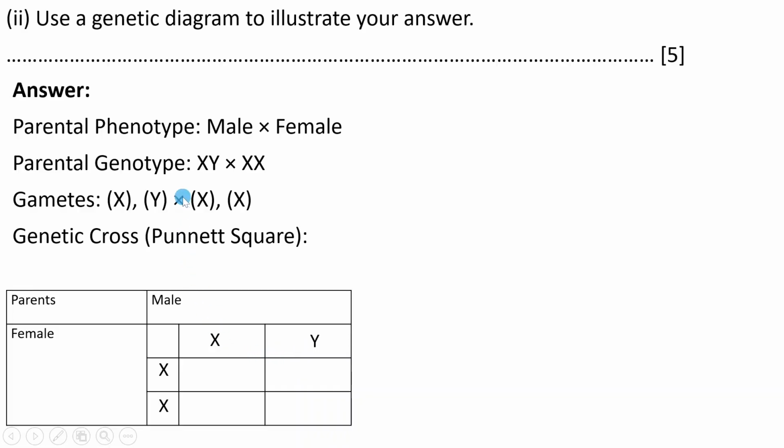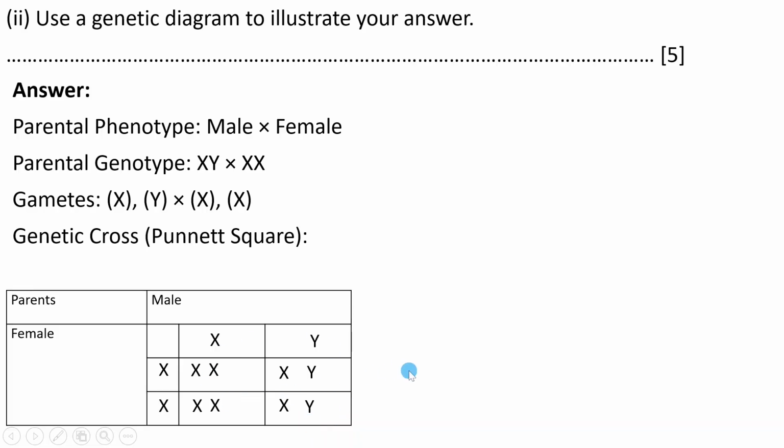So they are crossing, meaning how do we cross now using a Punnett square? In a Punnett square, we want to have the genetic makeups of the offspring here. So here this X contributes and this X contributes to make the genetic makeup of the offspring. Then here also the X will contribute, and here the X will contribute and the Y will contribute.